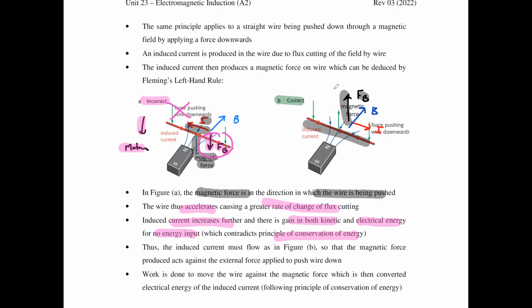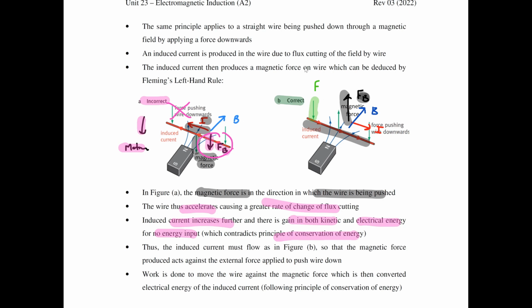So if you want to cut the magnetic flux, because you have a magnetic force here, this would mean that you need to purposely apply a force downwards to push the magnet down so that you can actually cut magnetic flux and cause induced EMF, induced current.